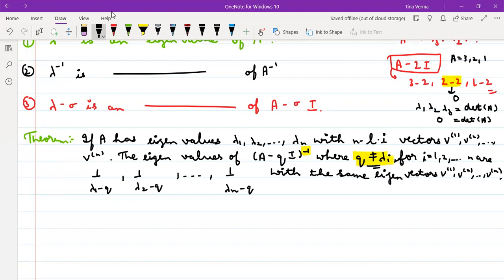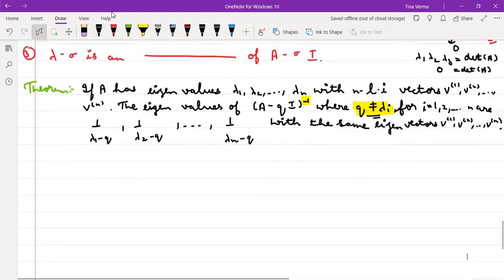So the eigen values in that case will be when Q is not equal to lambda I. That means A minus Q I inverse की वैल्यूज क्या हो जाएंगी? 1 upon lambda 1 minus Q, 1 upon lambda 2 minus Q, and so on.